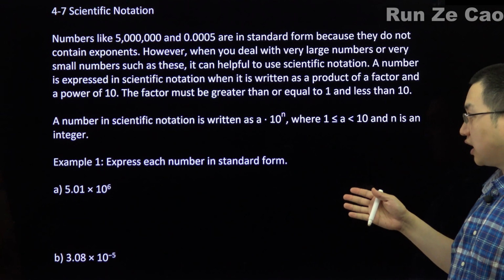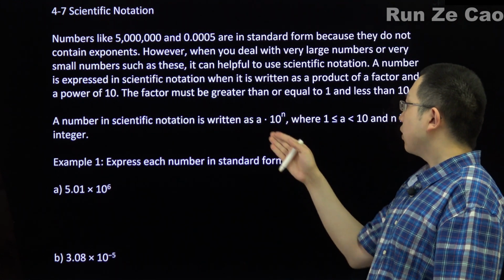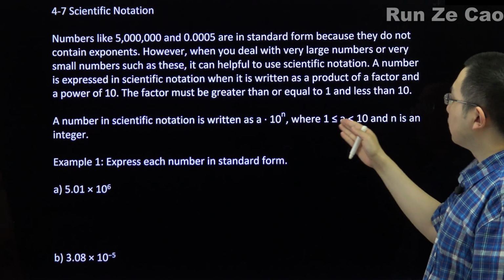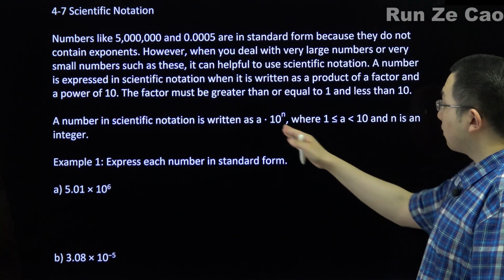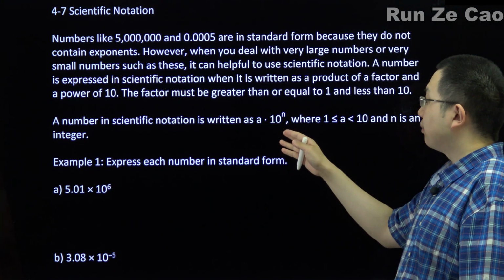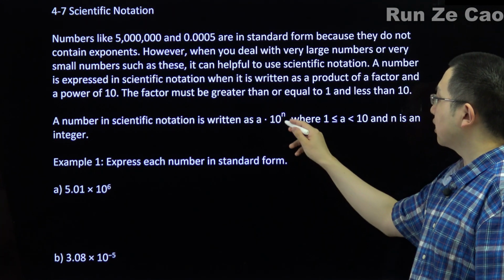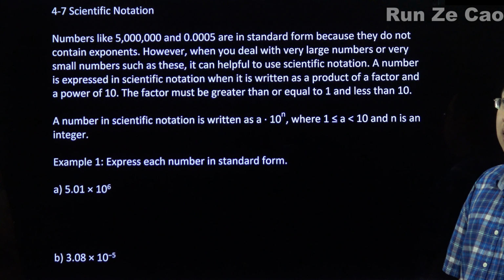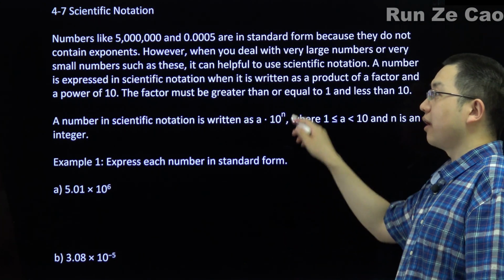And scientific notation is written as a number that's between 1 and 10. It could be 1, but it can't be 10, because otherwise you end up moving the decimal place over another one and increasing the 10 to the power of n by, well, it's going to end up being 10 to the power of n plus 1 then.